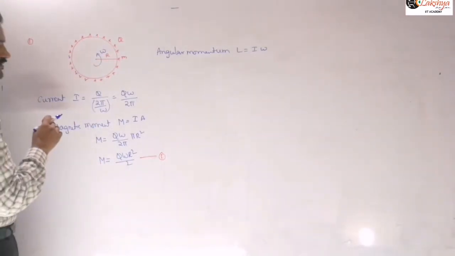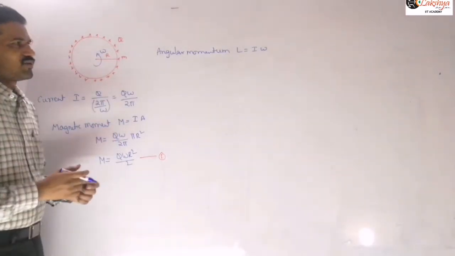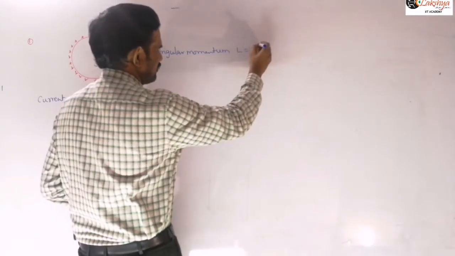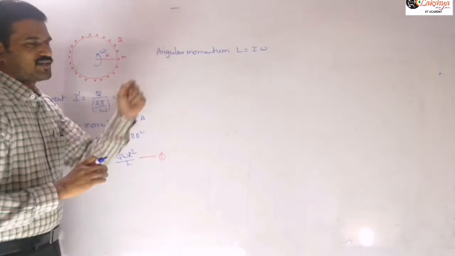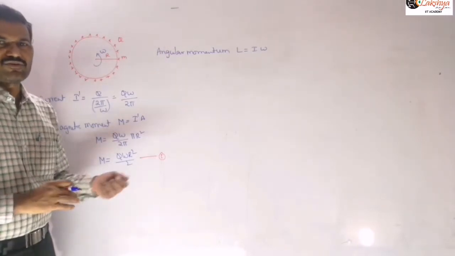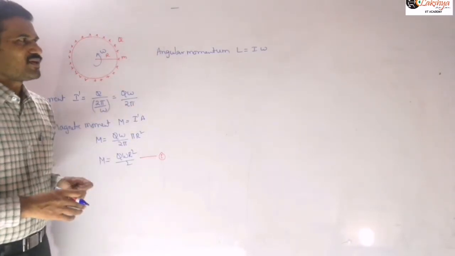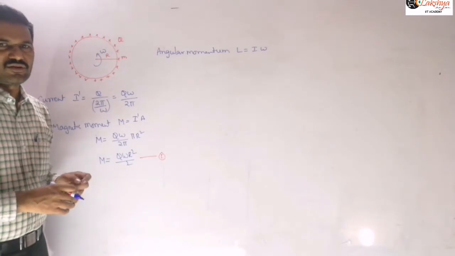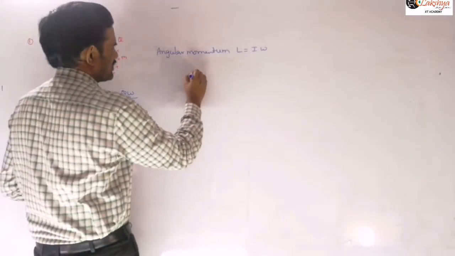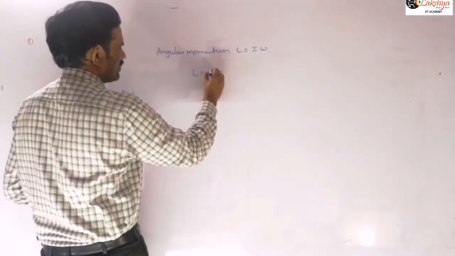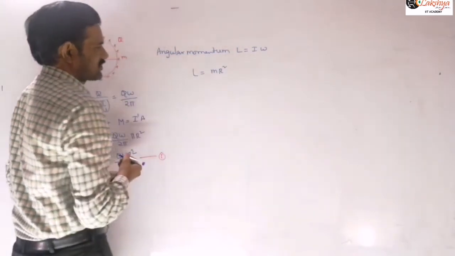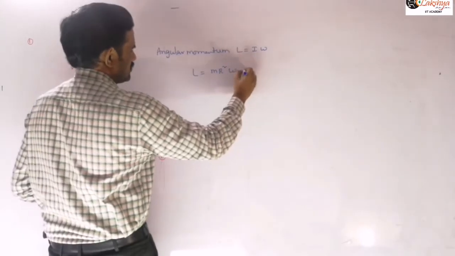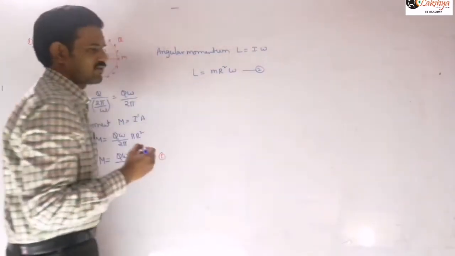I am taking this as I dash to avoid confusion with current. The moment of inertia of the ring is M r square, so L equals M r square into omega. This is our angular momentum.